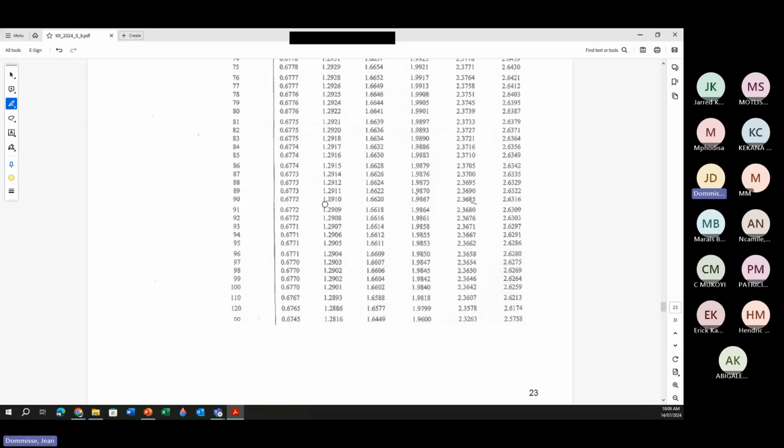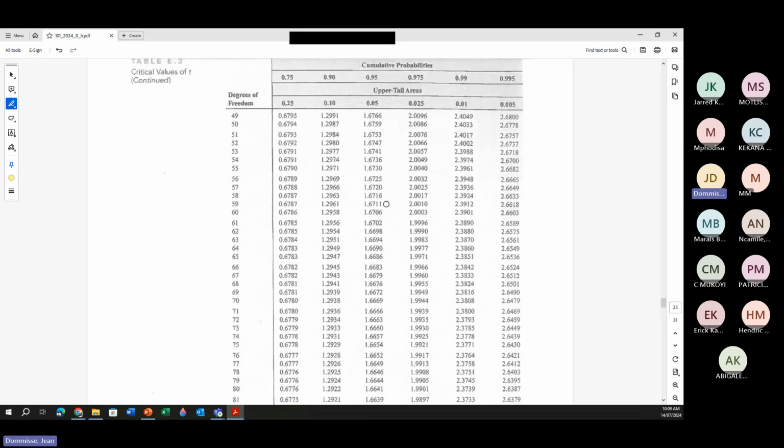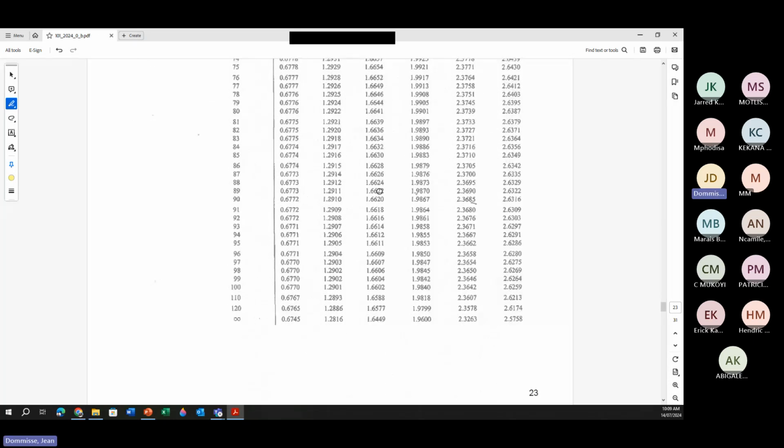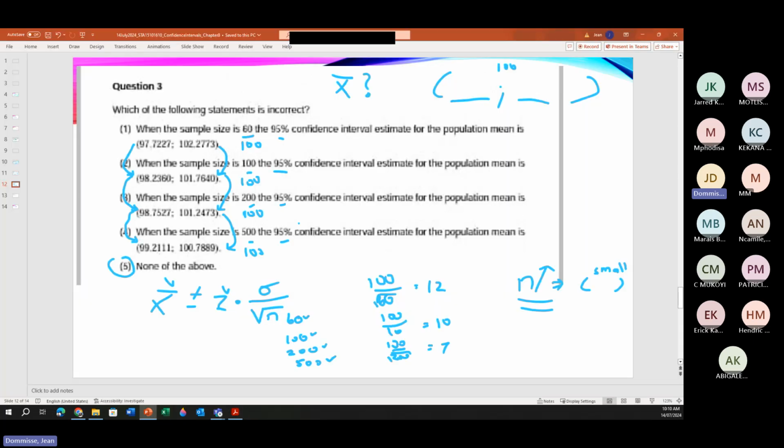So remember, at the 90%, it was 1.645. Look at how close that is. At 95, it was 1.96, exactly the same. And at 99, it was, let's quickly just check again, what was that?